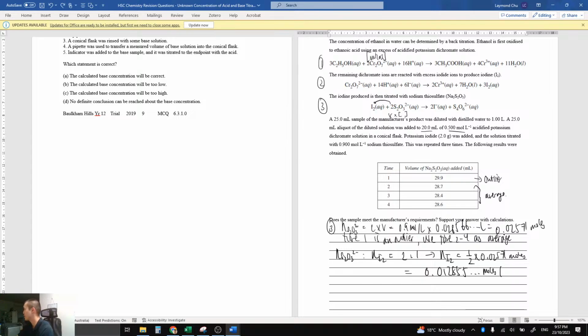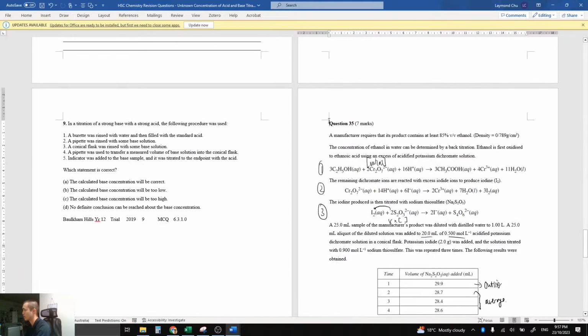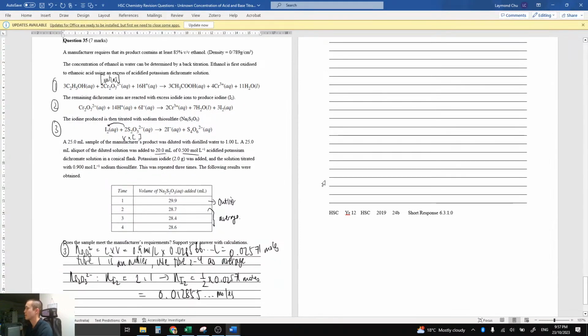Okay, we've already stated the molar ratio, so we don't need to justify that again. Yep, and then we got the excess. Okay, I need to push that down. Okay, great, got that. So, which means it's the excess of this.